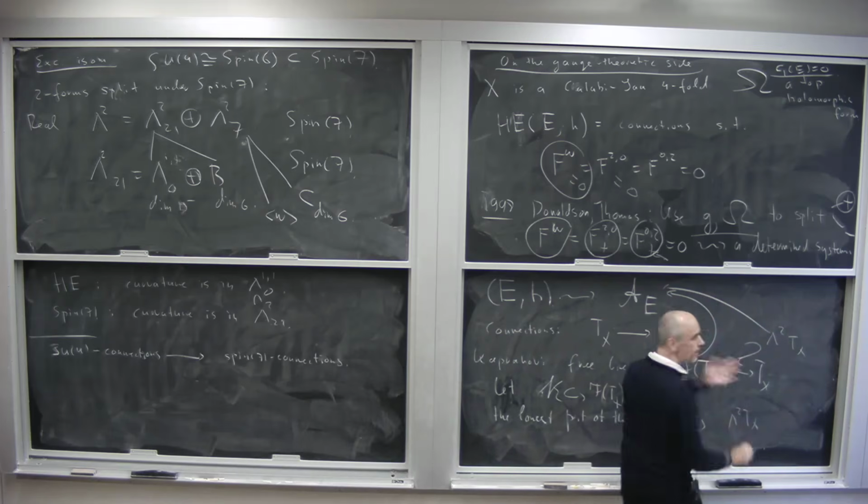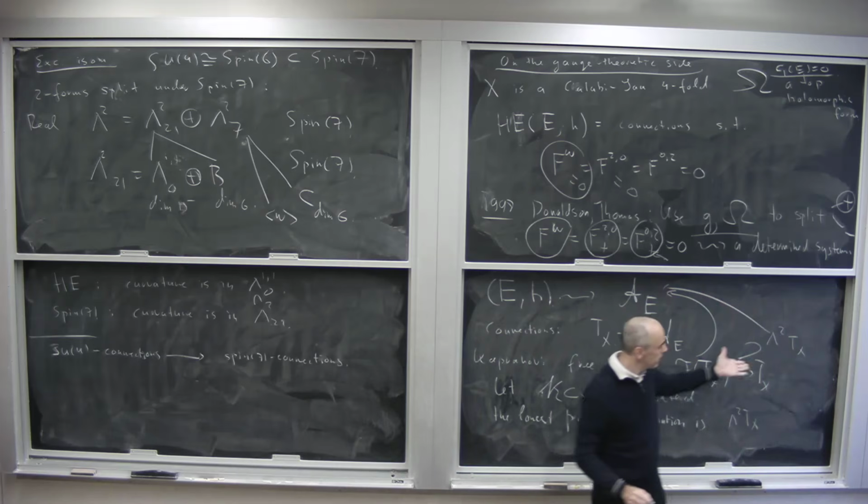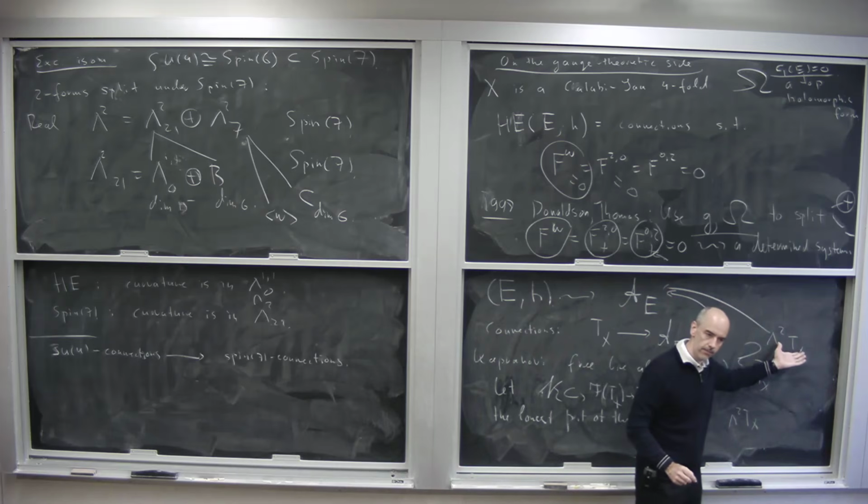It is mapped here, and that is the curvature. So curvature is encoded inside this representation.